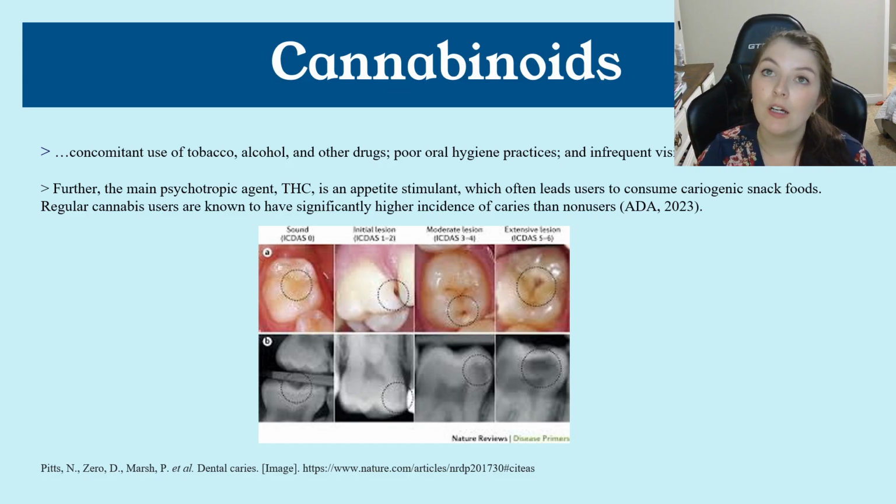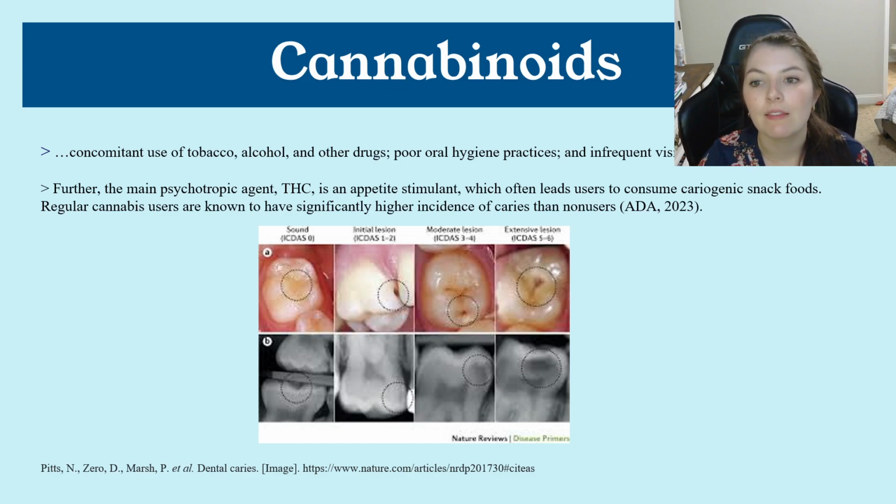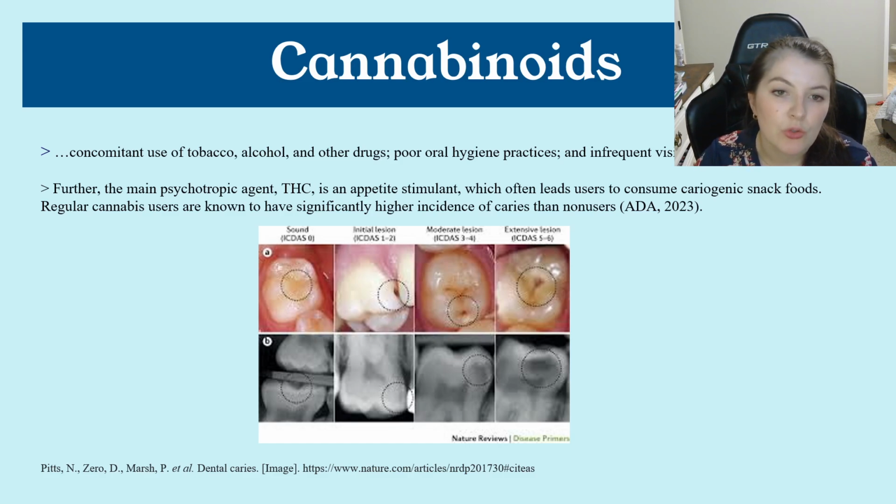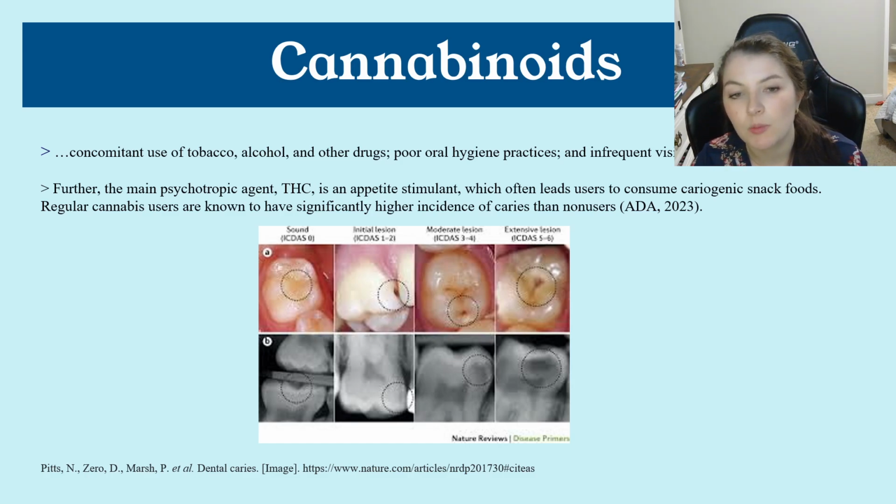They feel good to us when we're eating them, but the effects of eating these high sugar diets is not good for our teeth. It can lead the user to crave and consume these foods that we call cariogenic, meaning that they cause cavities. They contribute to the growth of harmful bacteria in the mouth that produce acids, like we discussed before, which then leads to tooth decay.